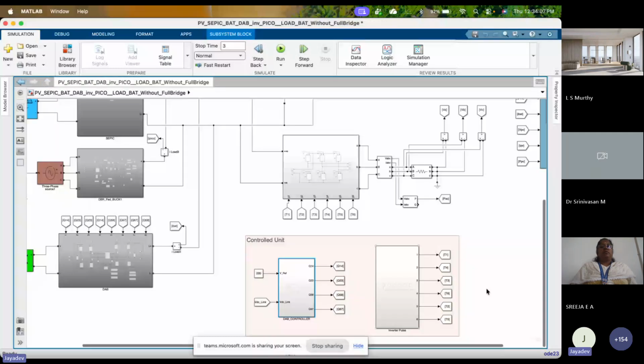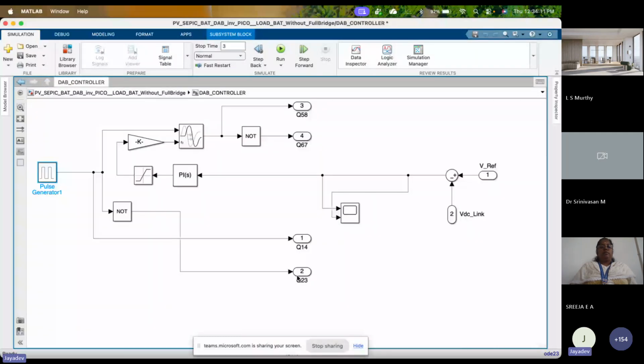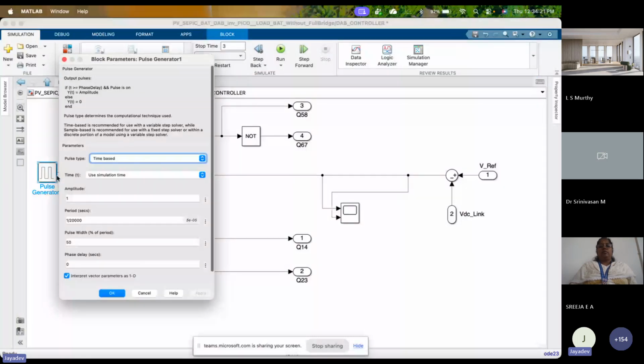From the output here, we give the pulses. Here you have to use a pulse generator that can decide at what frequency your switch will operate and at what pulse width, what duty.